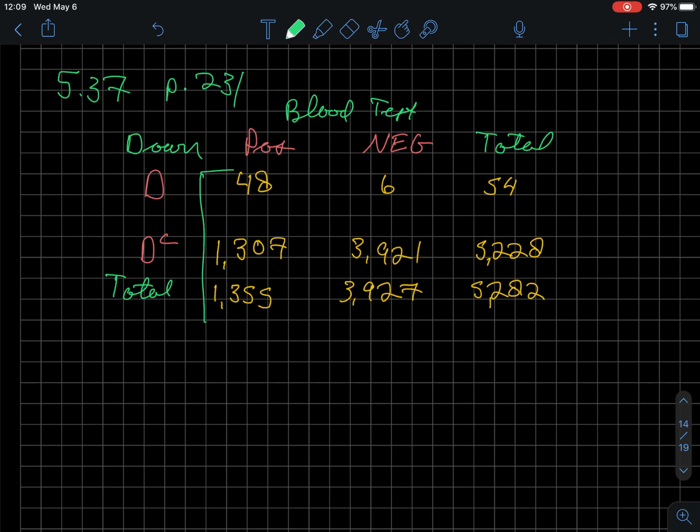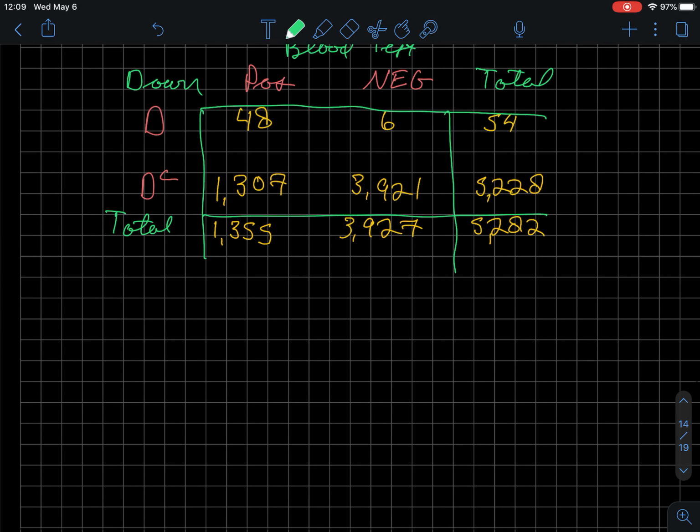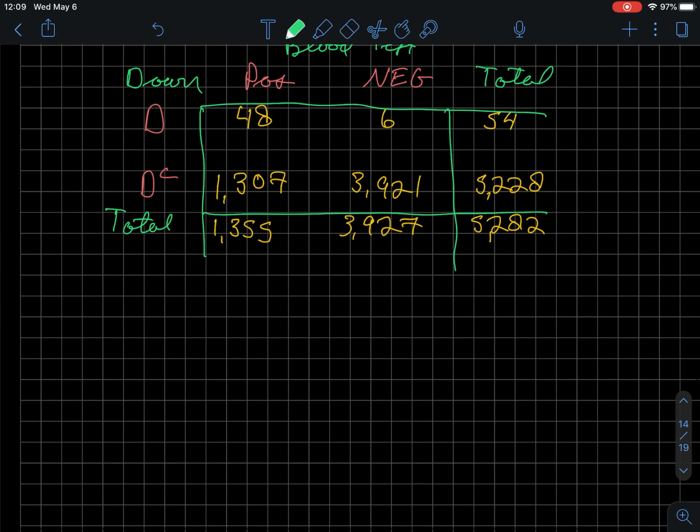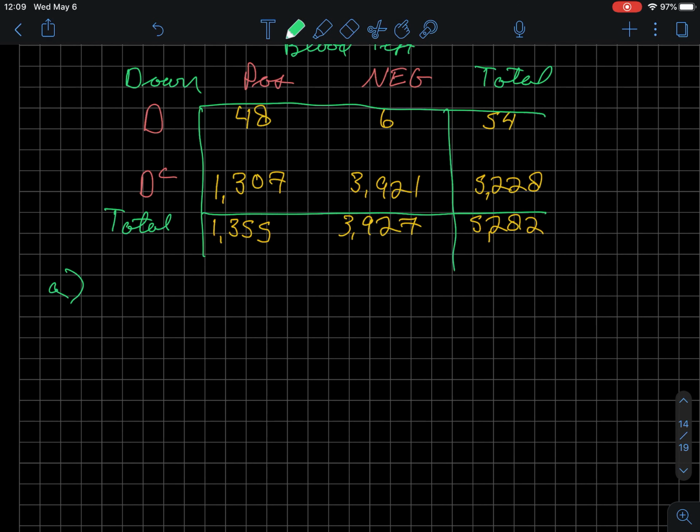Let's make this little table real quick, just to keep things neat. All right, let's look at part A. Given that a test result is negative, we're looking at negative outcomes, so this relates to this column.